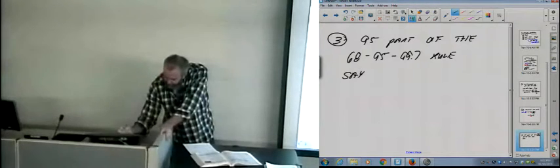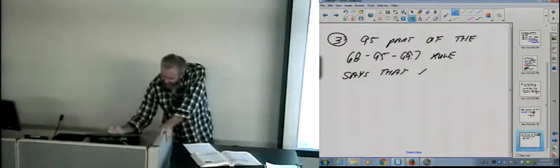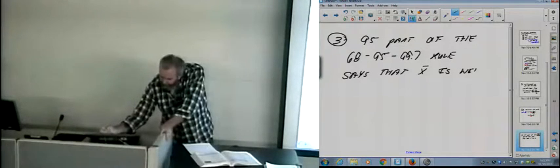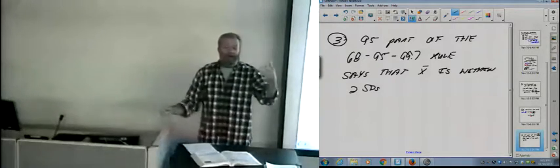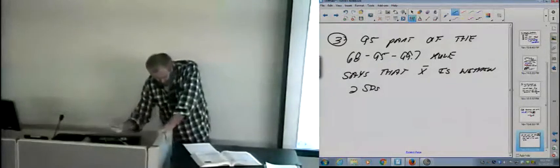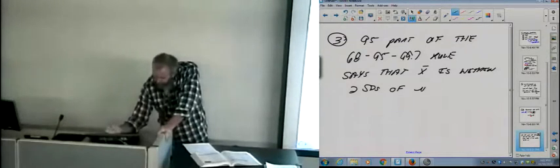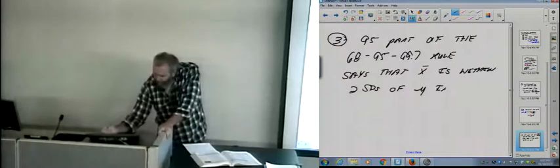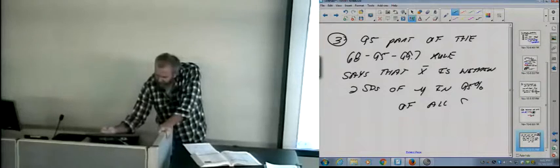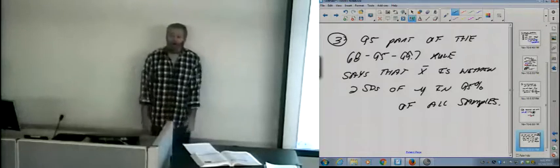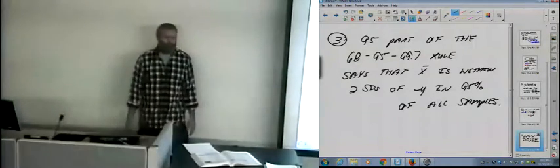It says that x bar is within 2 standard deviations of mu in 95% of all samples. Remember, the 95 is 2 on either side. Remember, we're talking about the sampling distribution here. So in 95% of all the samples, your x bar will fall within 2 standard deviations of the mean.